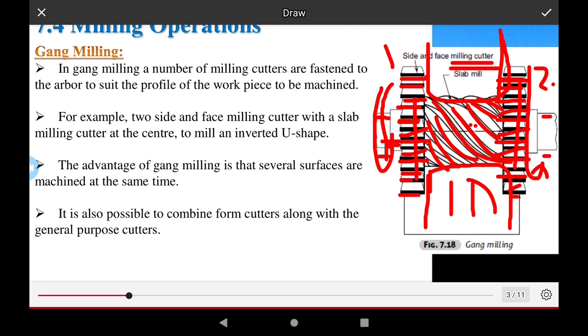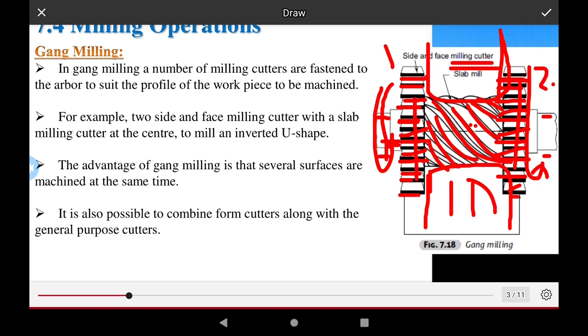The advantage of gang milling is that several surfaces are machined at the same time. The tools perform operations at one time, and up to three operations can be performed by these milling cutters.